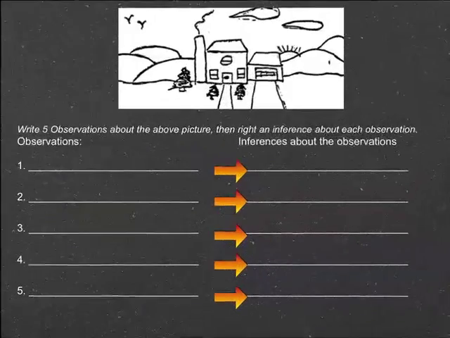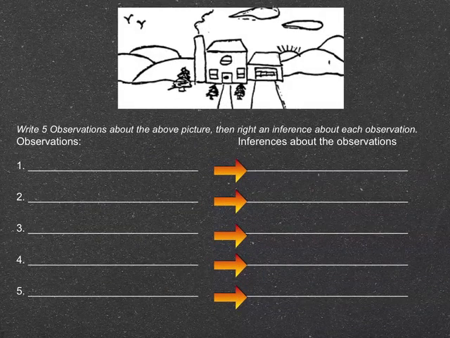All right, now, this beautiful piece of art here. What I would like you guys to do is look at this and make an observation and then use that to come up with an inference. Let me show you an example. So I observed there's smoke coming from the chimney.